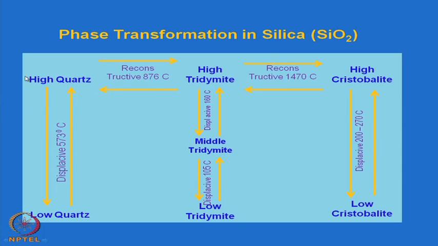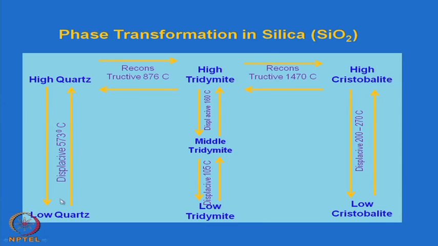On the low temperature side, you have what we call high quartz, or sometimes called beta quartz, and at still lower temperature you have a low quartz. So, these are the low temperature regions, and then these are high temperature, and the highest temperature is here.